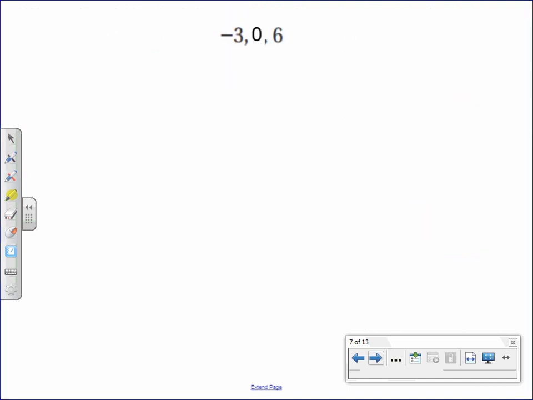Okay, this is a good one. There's 3 solutions. We're going to find the polynomial that would have these 3 solutions. Let me make my 3 binomials to go along with the 3 solutions.